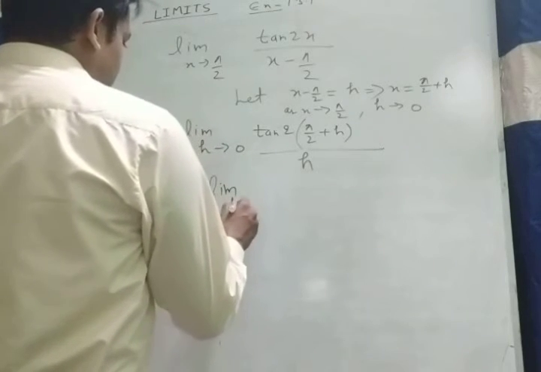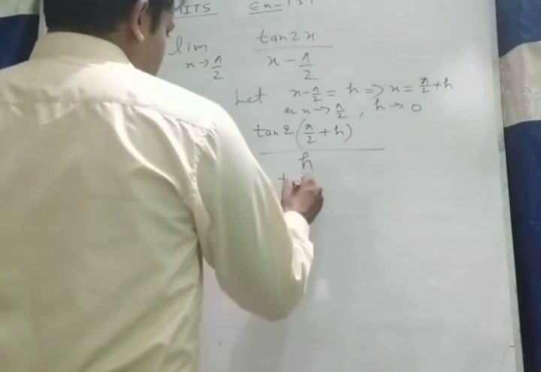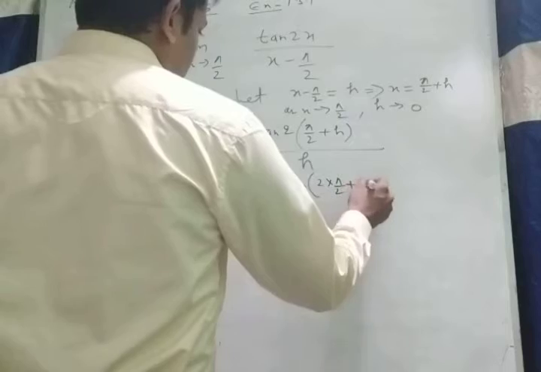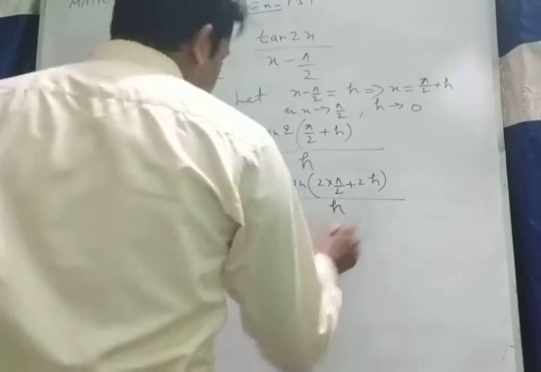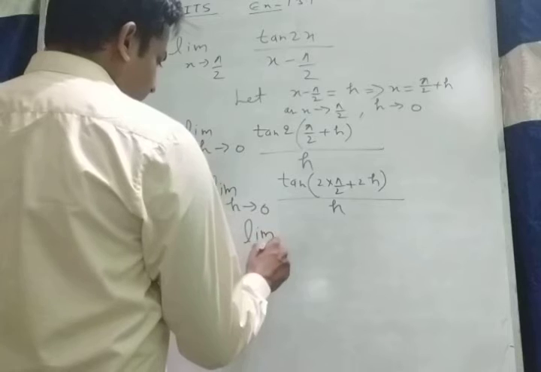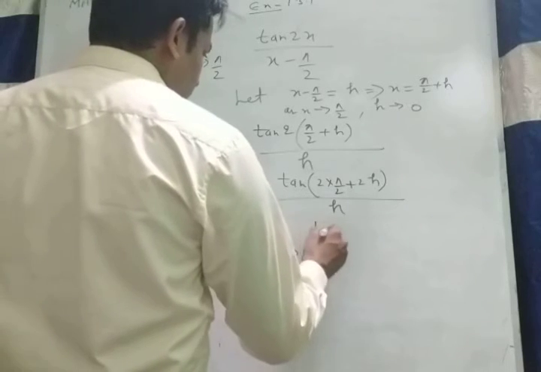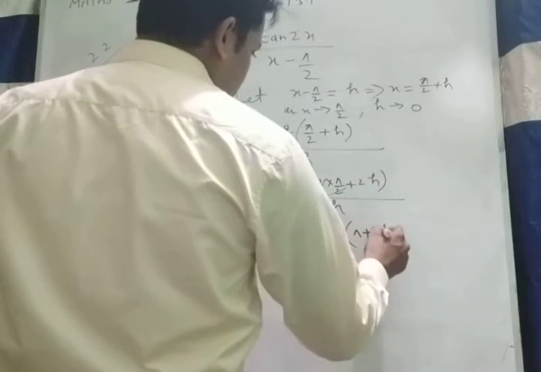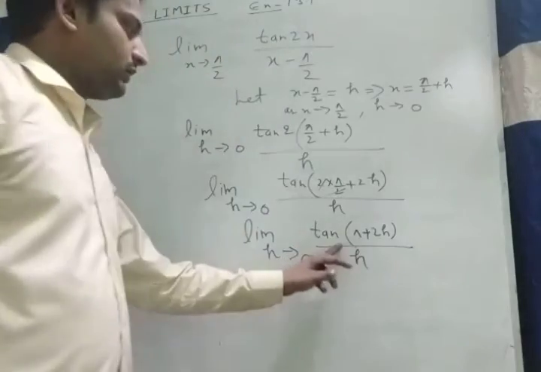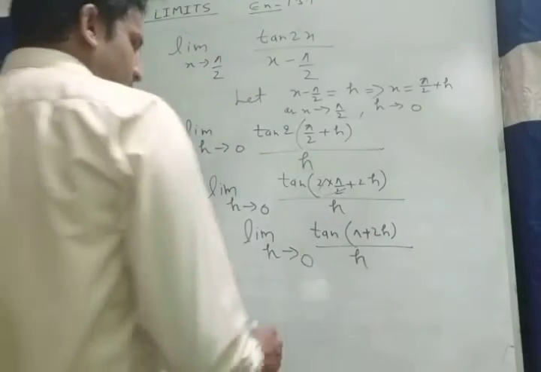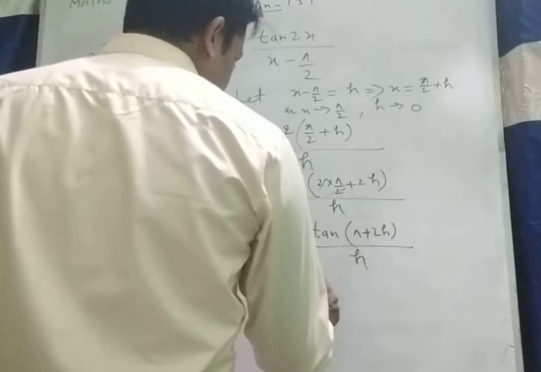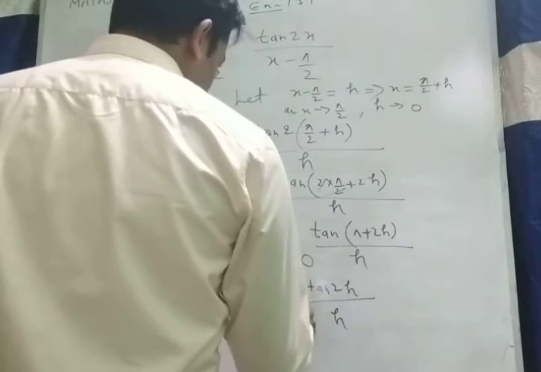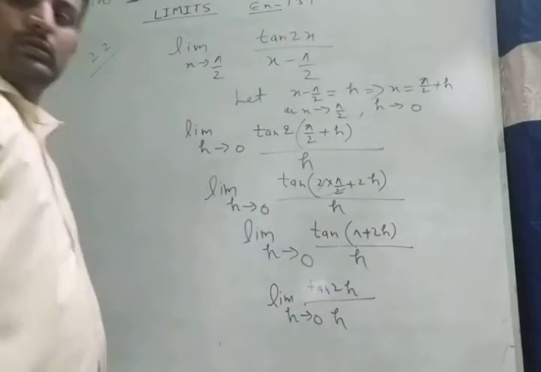Now limit h tends to 0, tan 2 into pi by 2 plus 2h by h. H tends to 0, tan pi plus 2h by h. Now tan pi plus theta. What is tan pi plus theta? Tan theta upon h. Limit h tends to 0.